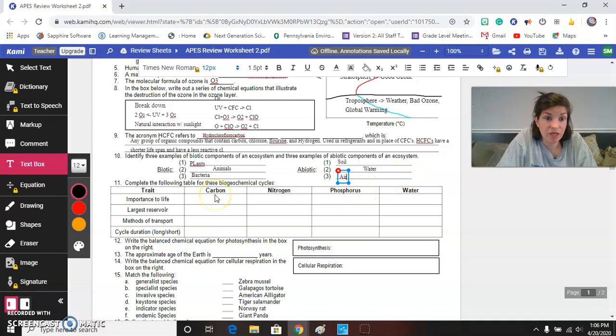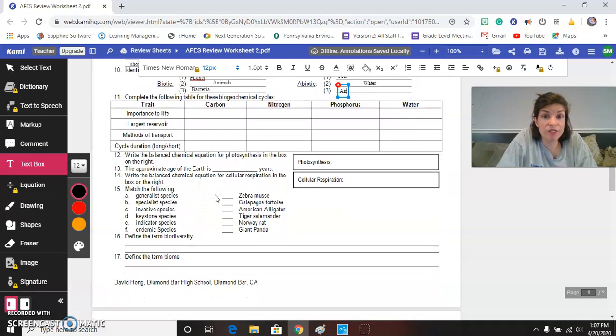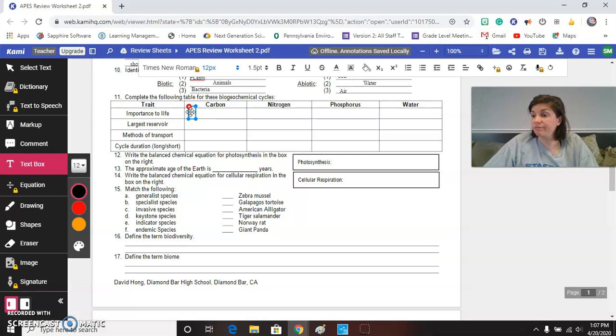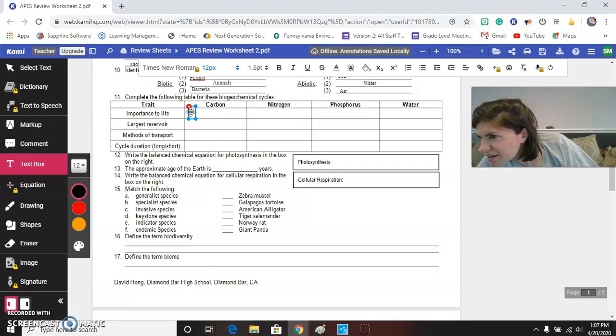All right. Complete the following table for these biogeochemical cycles. Let's look at carbon first. Carbon is the building block of molecules. I can't read my own handwriting.